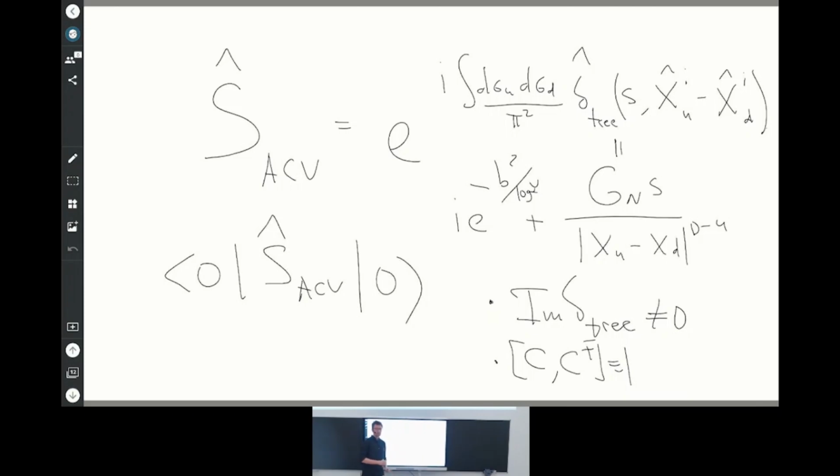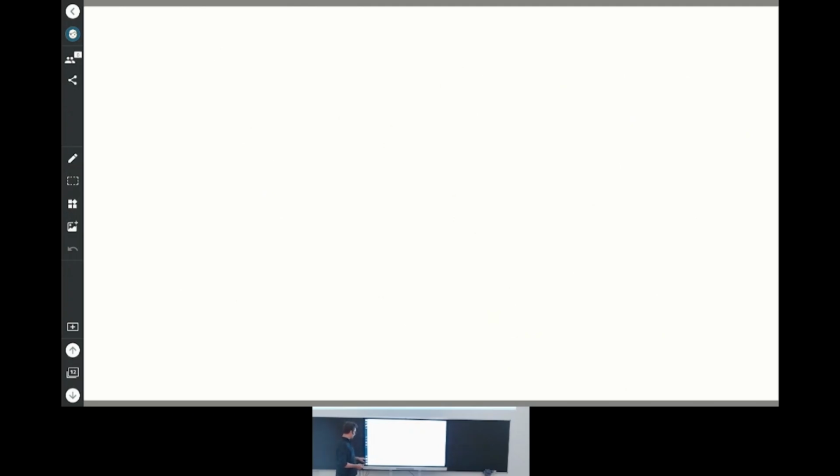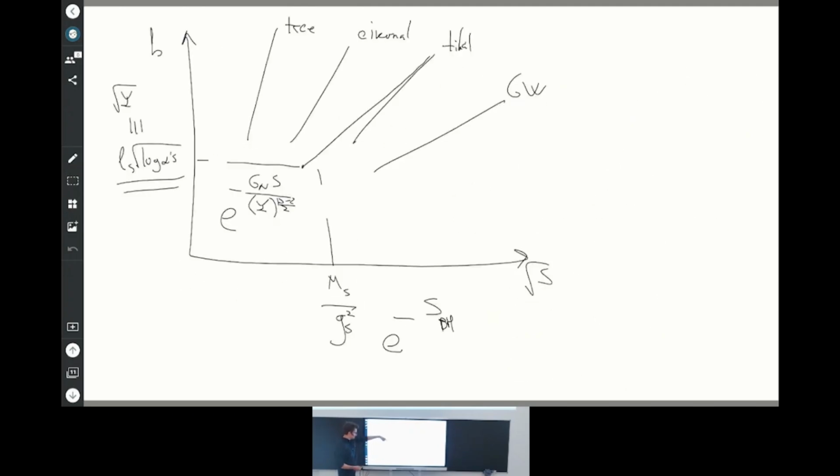But can I ask a question? Yeah. At this level of accuracy, isn't this just a graviton state? Since you have this 1 over x to the d minus 4, this is just a graviton. So all this is irrelevant when the imaginary part of delta is small. It only becomes relevant when you go to impact parameters small enough to produce this kind of effects.